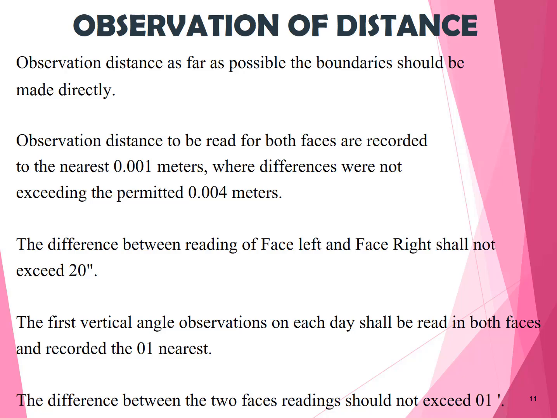Observation of distance. As far as possible, the boundaries should be measured directly. Observed distances for both faces are recorded to the nearest 0.001 meters, where differences do not exceed the permitted 0.004 meters. The difference between readings of face left and face right shall not exceed 20 seconds.